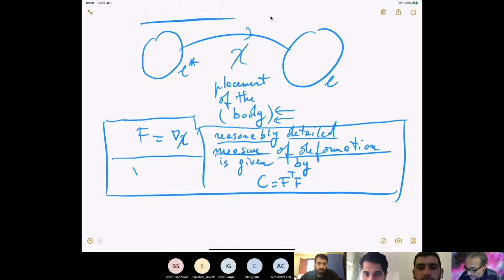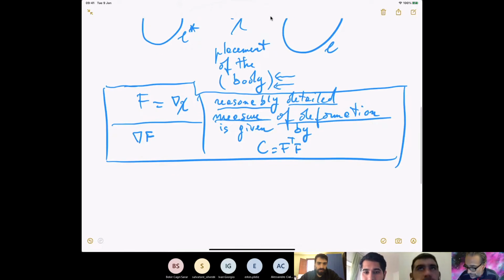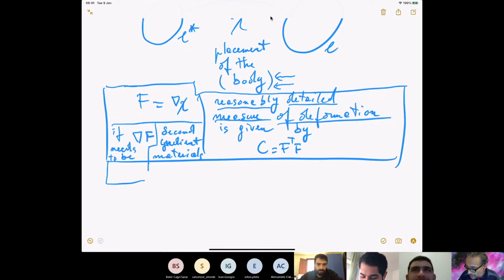You need to consider also grad F. So the energy depends also on grad F. These are called second gradient materials, in which grad F needs to be introduced.